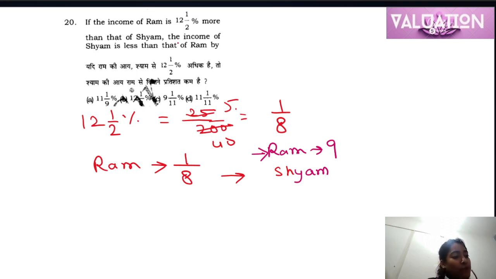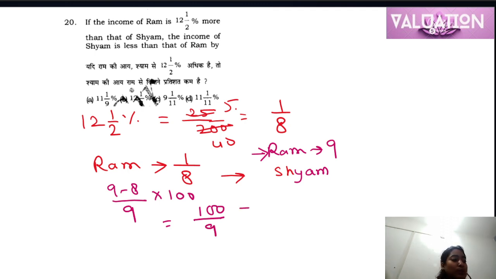And then we have to find the income of Sham is less than that of Ram by, we have to find. So we have to put the value of Ram below 9, and here we have to find the difference, 9 minus 8 times 100. So here we will get 100 divided by 9, so it will be 11 1/9%. So that option is the correct answer.